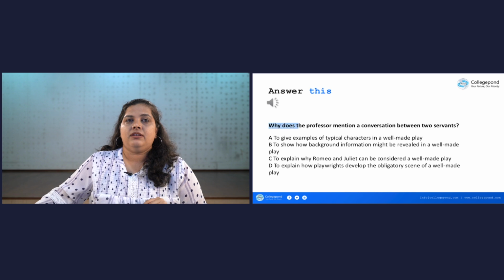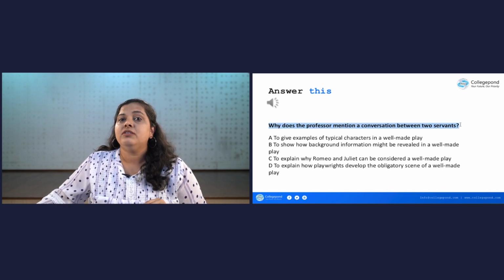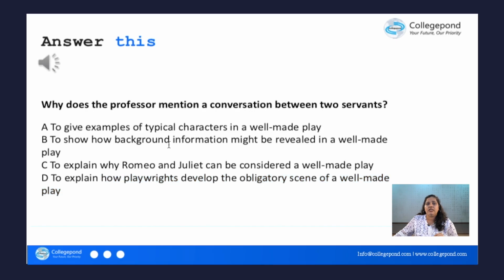Look at the question. Why does the professor mention a conversation between two servants? Now, all of this is related to the central idea, which is the well-made play. But if you listen to that part carefully, when he was talking about the servants, he said something about how in the exposition also the authors would need to make it believable, right?